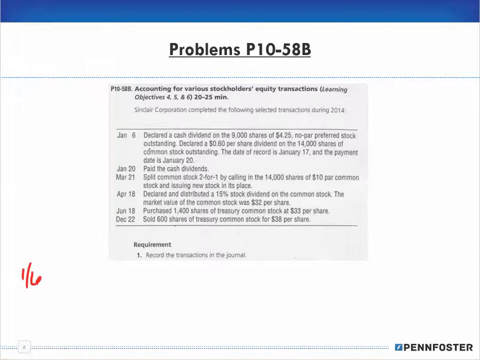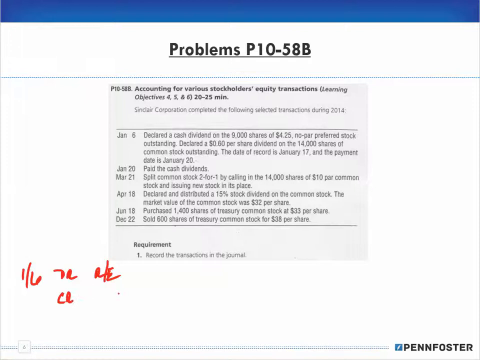So on 1.6, it says here, declare the cash dividend on the 9,000 shares of $4.25 no par preferred stock outstanding. Declared a 60-cent per share dividend on the 14,000 shares of common stock outstanding. The date of record is January 17th, and the payment date is the 20th. Okay, so we're going to end up debiting retained earnings, but we don't know how much that is because we have to figure out the cash dividend for the preferred and the cash dividend for the common stock.